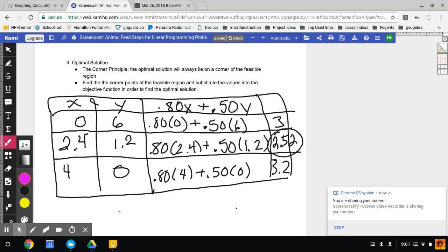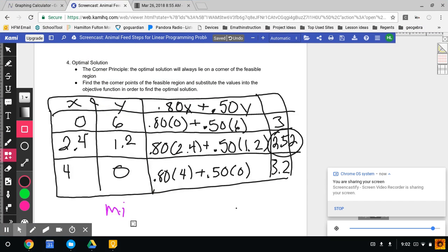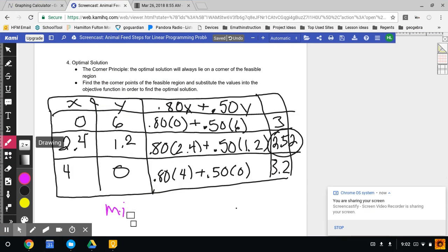So my lowest cost, my minimum cost per animal or per cattle is $2.52.